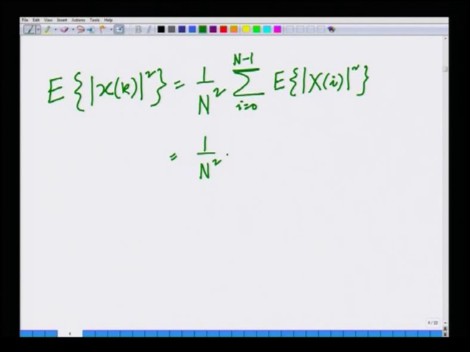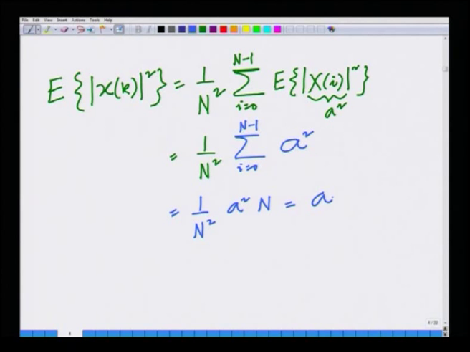Remember, each xi is an information symbol that is plus or minus a, since expected magnitude xi square is nothing but a square. Hence, this is 1 over n square sigma i equals 0 to n minus 1 a square, which is 1 over n square into a square into n equals a square over n.